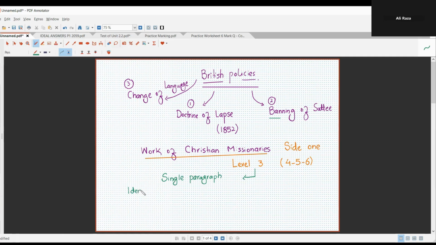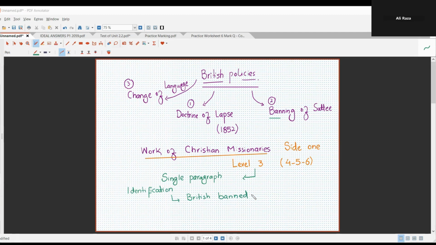We are looking for a reason that was responsible for the Indian hate for the British policies. तो पहला हमारी identification is coming directly to the point. So that is, British banned sati. So this is something that we'll start our paragraph with.